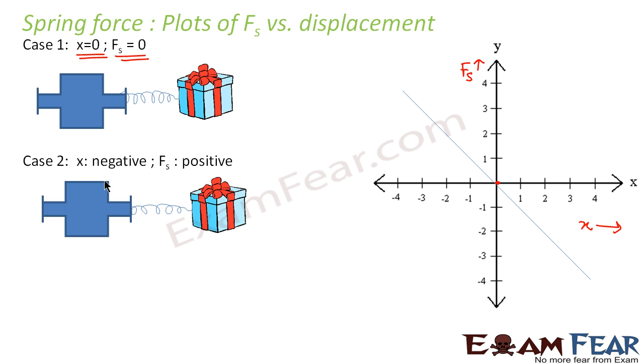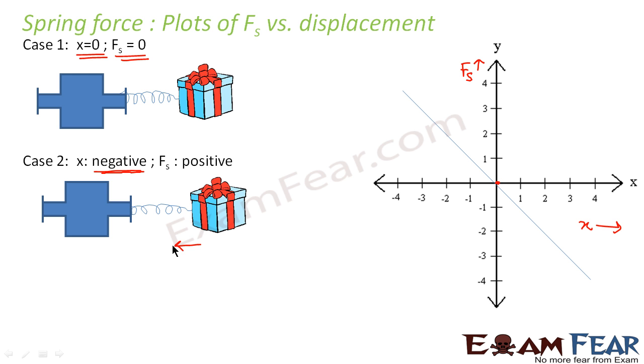Let us consider a second case. Here, x is negative. That means the displacement is along the negative direction and Fs is positive. I hope you are clear with negative and positive. That means the box moves in this direction. Displacement will take place in this direction. And I already told you that Fs always acts in a direction opposite to the direction of displacement.